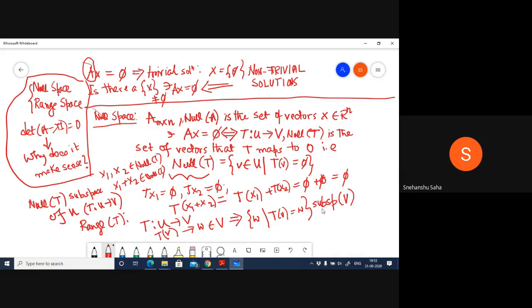One thing we'll know immediately, I can write here, that the dimension of N of T, let me just represent null space of T as N of T, will be less than or equal to the dimension of U. Agreed?